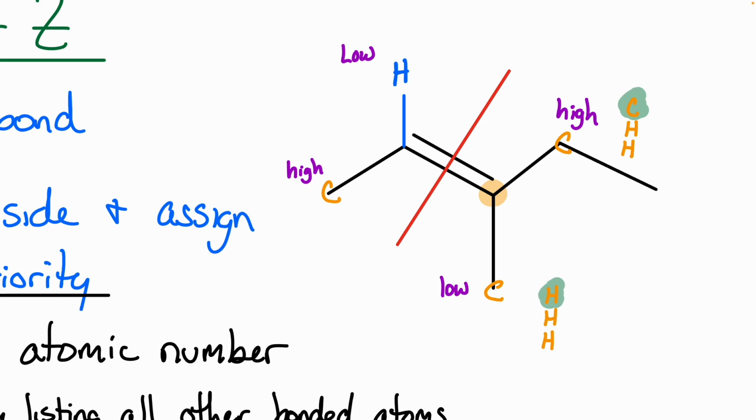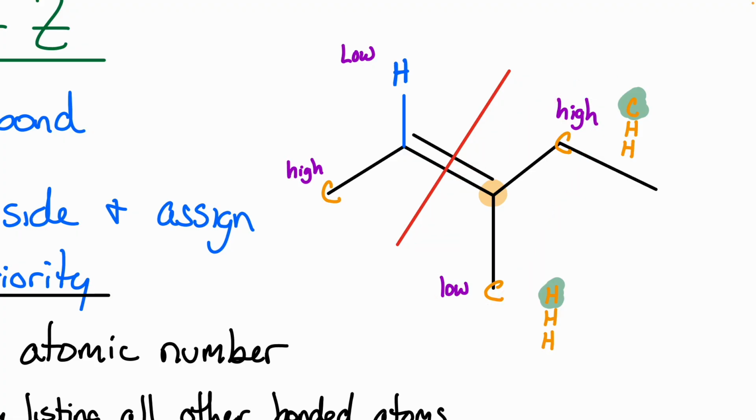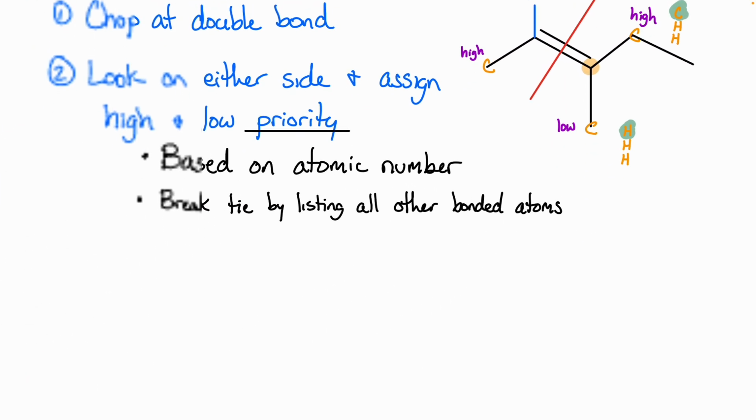All right, so we chopped at our double bond. We jumped on the left and assigned high and low priority, and then we jumped on the right and assigned high and low priority. The relative location of those 2 high priority groups tells us whether it is an E or Z stereochemistry.